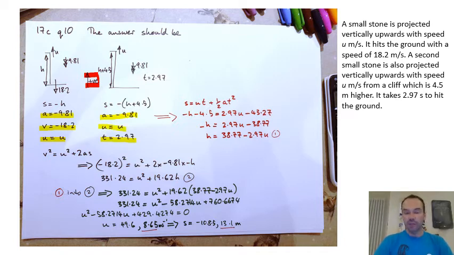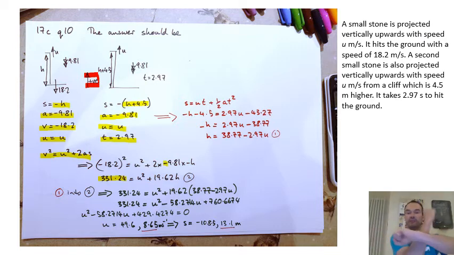Right, this is how I'm going to treat the height. In the first question, at the end of the flight of the projectile, the displacement is minus h. For the second one, the displacement is minus h and 4.5 added. Right. Use v squared is u squared plus 2as for the first one, and we get the 18.2 squared.